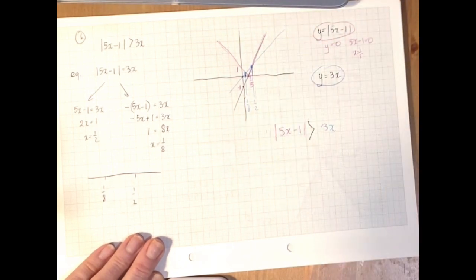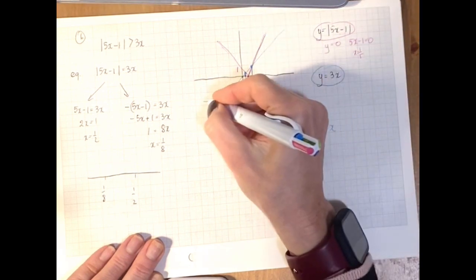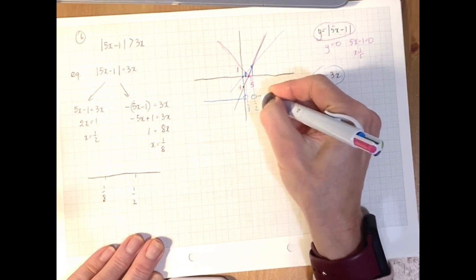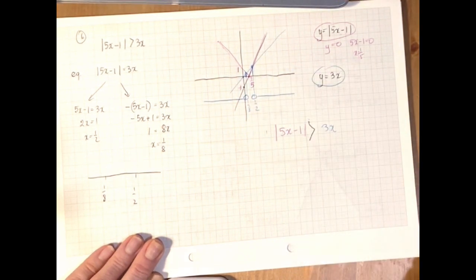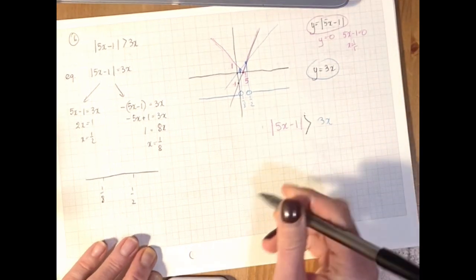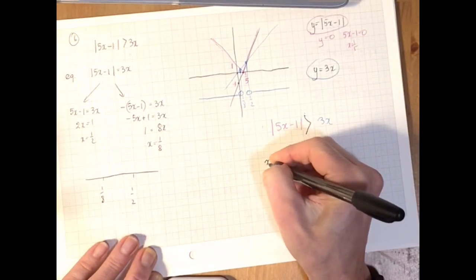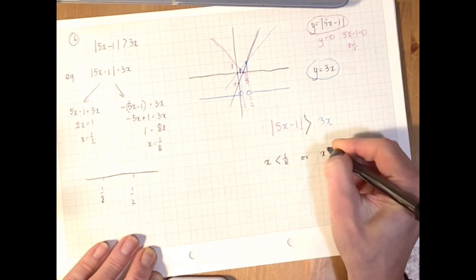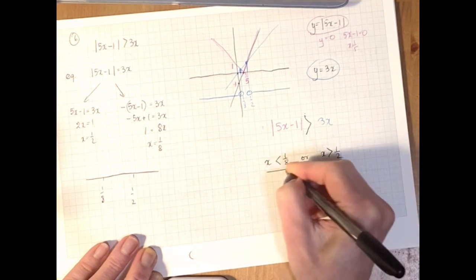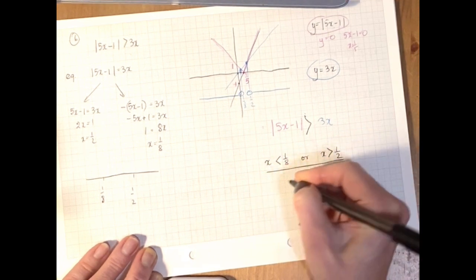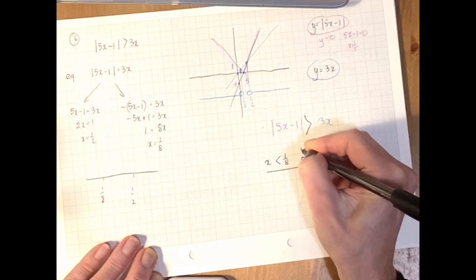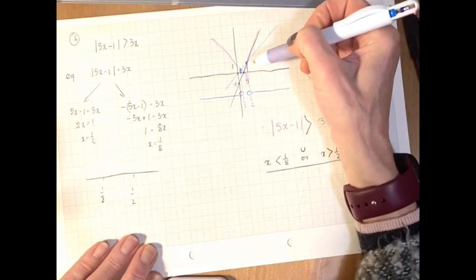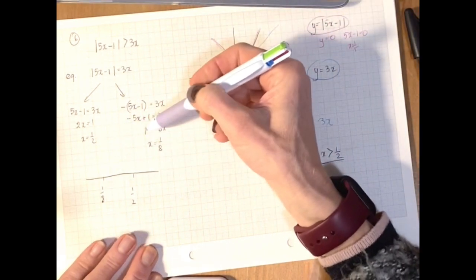So with the graph, we're going to go for all the values of x all the way up to 1/8, and for the values greater than 1/2. So the solution is going to be x is less than 1/8 or x is greater than 1/2. Or you could put an or symbol like this.